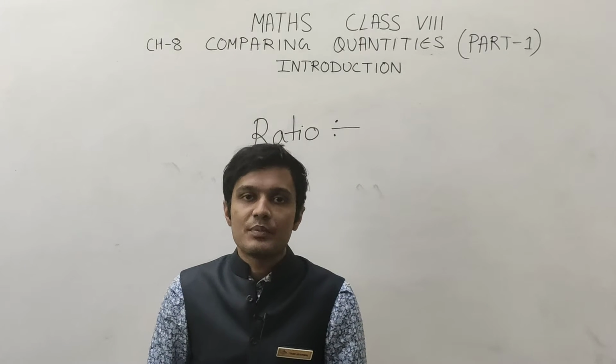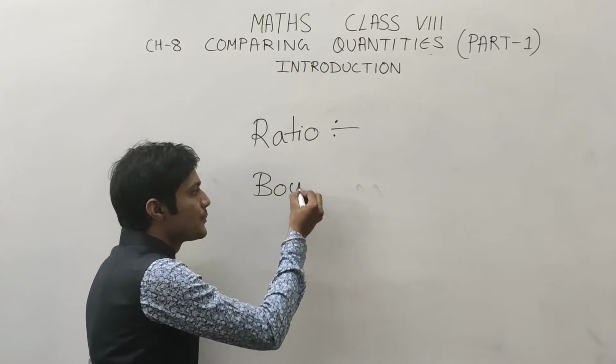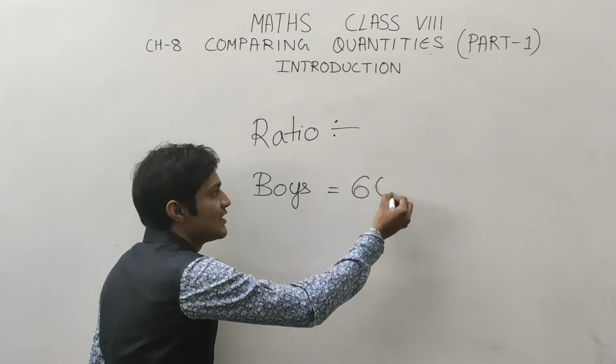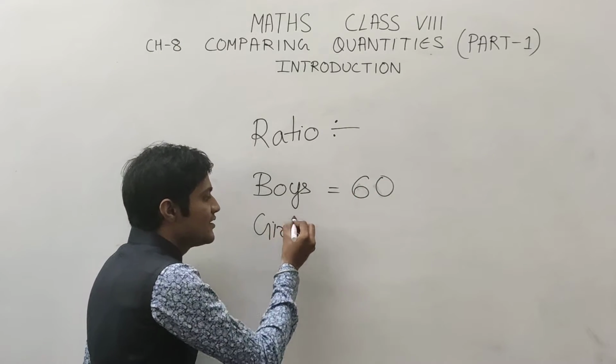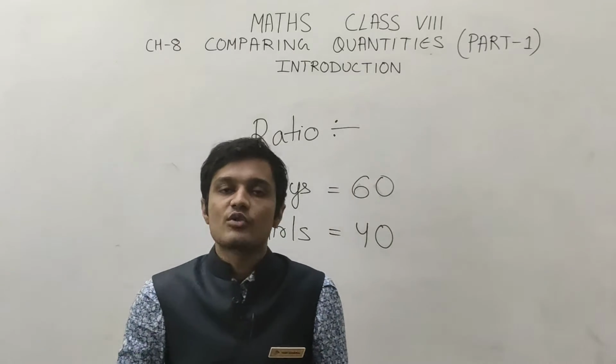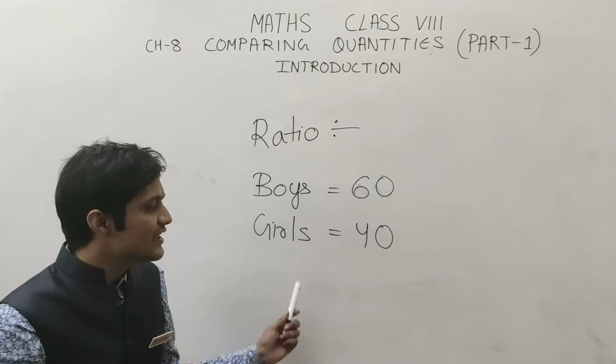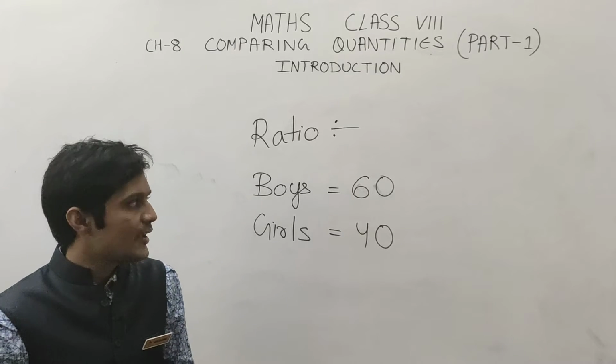Let us take an example. Suppose in a class number of boys are 60 and number of girls are 40. Okay, so out of total 100 students in a class, number of boys are 60 and number of girls are 40.